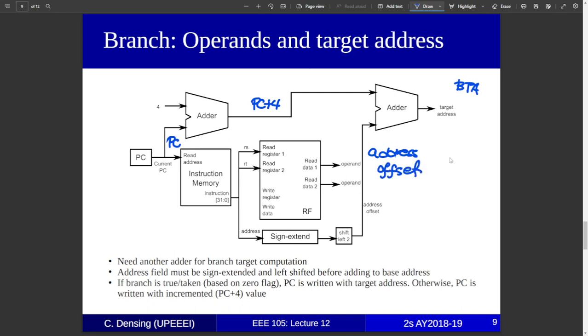So from the branch instruction, we once again fetch some sort of address, and then we sign extend it so that it's 32 bits. Let's say this is 32 bits. This still would have to be 32 bits because that's a 32-bit adder up there.